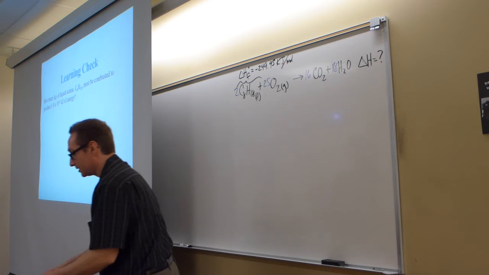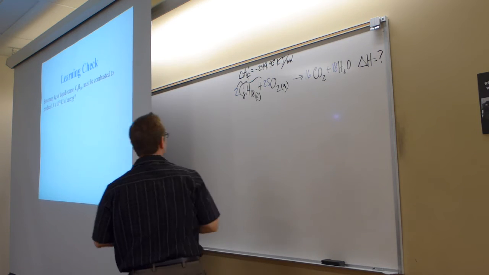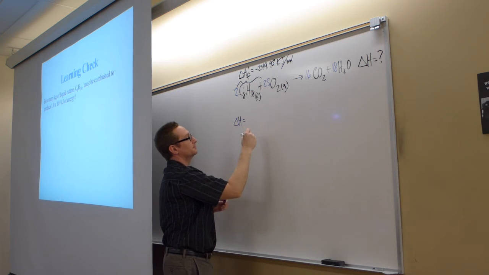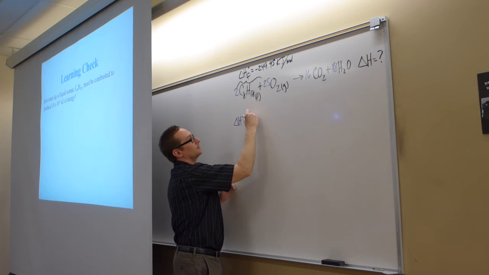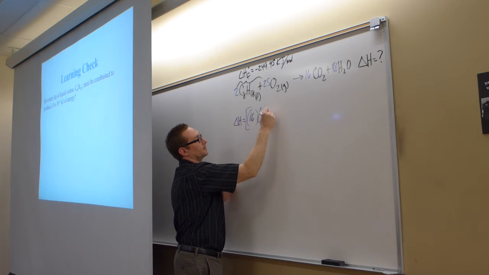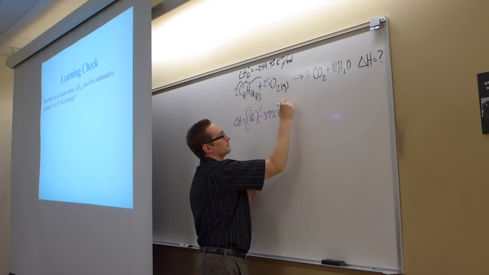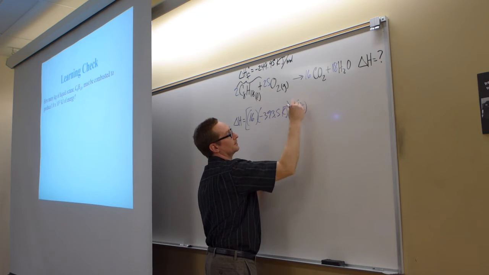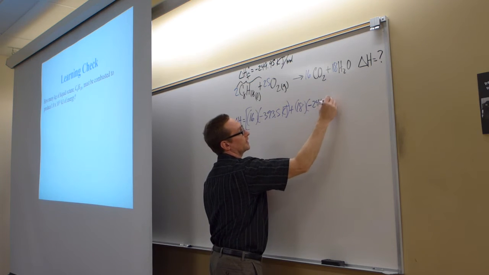Let's calculate the enthalpy. So delta H is equal to 16 times negative 393.5 kilojoules for CO2, plus 18 times negative 241.8 for water.